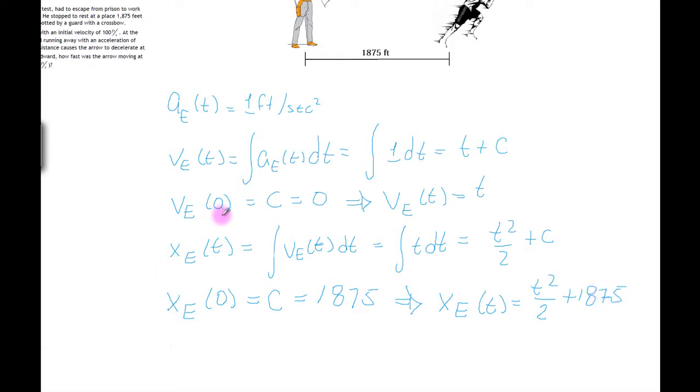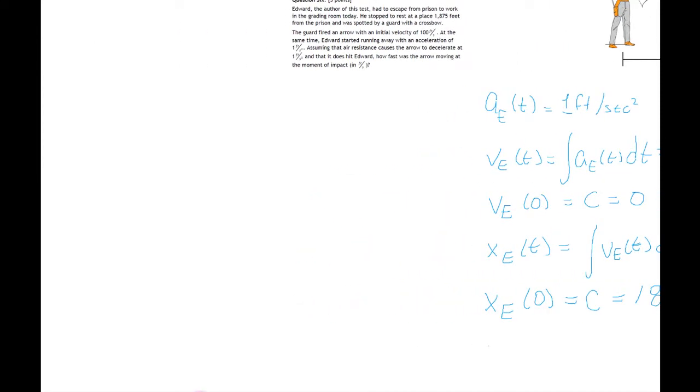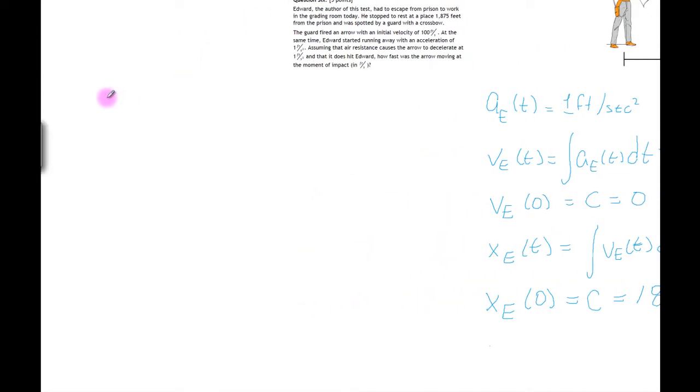Now let's find the arrow's position. By the same concept, the acceleration of the arrow is a constant, which is minus 1 feet per second squared. Now the velocity of the arrow is the integral of that.